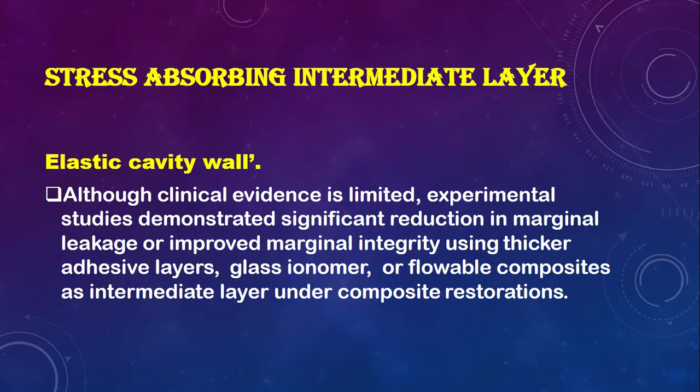Right. Next is the stress absorbing layer or the intermediate layer placement. There is a concept of the elastic wall cavity. Before discussing this, basically what happens in the polymerization process of the composite resin? The composite resin transits from a viscous liquid into a viscoelastic solid, right?